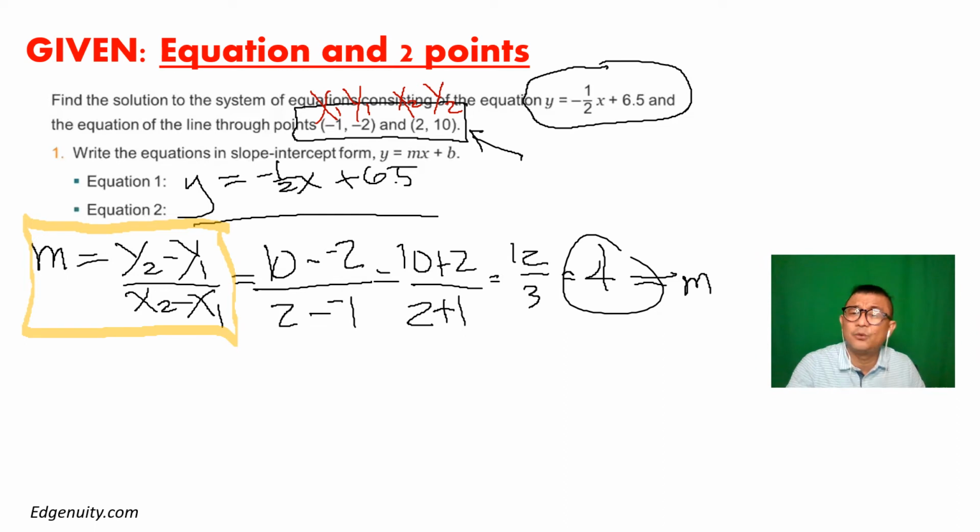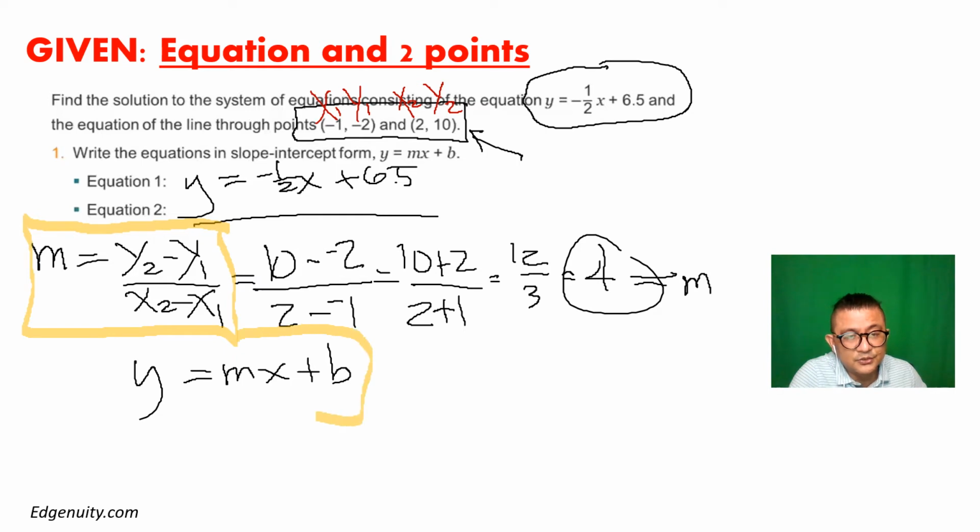Now, I need a y-intercept so I can make an equation. Where do I get the y-intercept? You will use this formula: y is equal to mx plus b. That's the second formula that you should remember so that you can make an equation. Where do I get the m? From here. But the problem is, where do I get the x and the y?